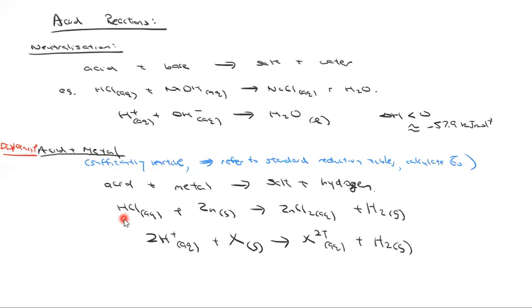And obviously, if it didn't have a valency of 2, then it could be Y solid becoming Y+, right? It doesn't really matter. Okay, so that's your second one. That's your acid plus metal.